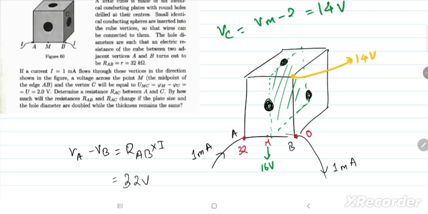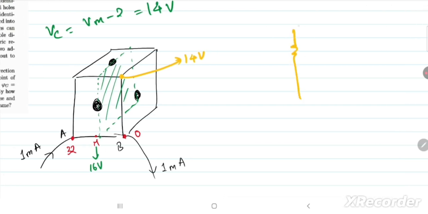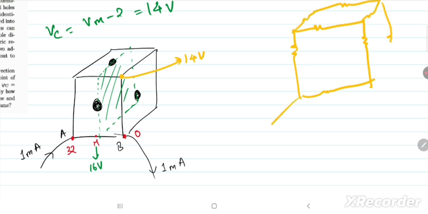Now, if you remember, you might have solved a problem like the cube resistance, in which you say that if this is my arrangement, and I want to find the voltage across these two points, then what we do is consider these to be the points of symmetry, and we keep it to be V by 2, and here 0 and V. Now suppose here voltage is V and at point B voltage is 0.